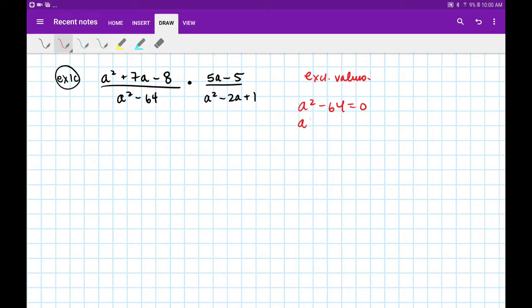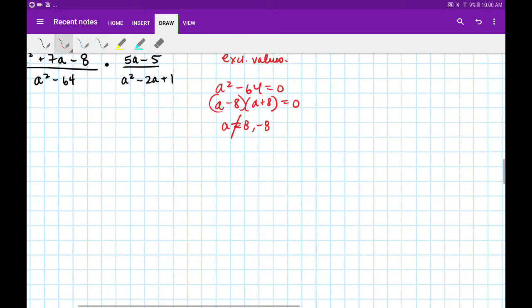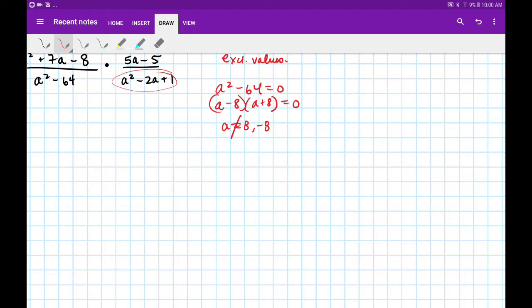So here we can factor by difference of squares. A equals 8 and negative 8, but those are my excluded values, so don't forget to put the cross sign to show a cannot equal those. And then over here, I can't have 0 in that denominator either. I'm not allowed to divide by 0 anywhere.